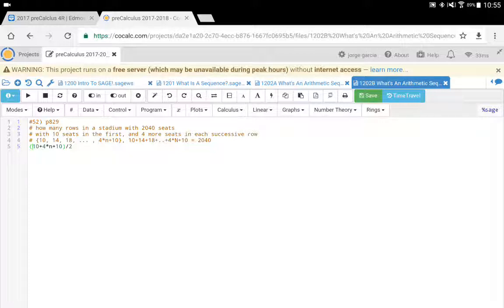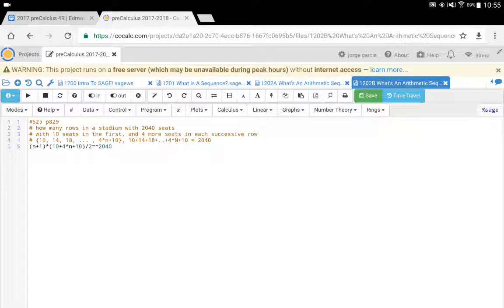If you start at n equals 1 and stop at n, that's n terms, but you're starting at 0, so that's 1 more: n plus 1. So n plus 1 times that, and let's make that equal to 2040.